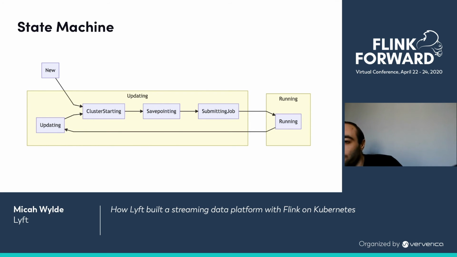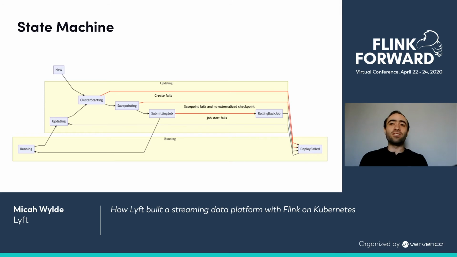Of course, in practice, there's a lot that can go wrong here. When we try to create the cluster, maybe we can't get resources and the cluster doesn't come up successfully. We might fail to save point the job because there's back pressure. We might fail when we submit the job because it's not state compatible with the old version, or there might be an exception thrown in the main method.